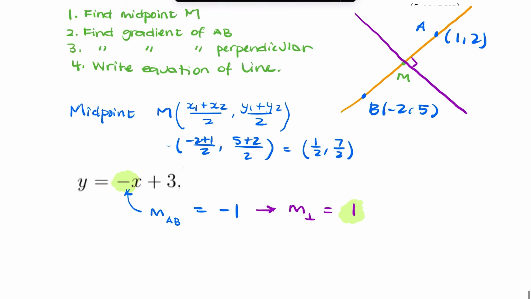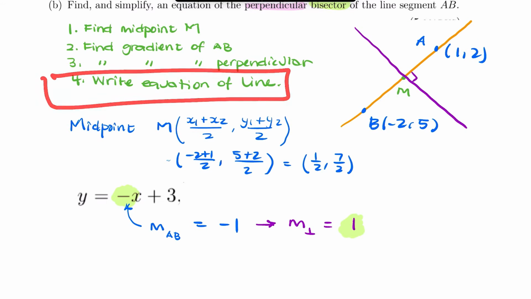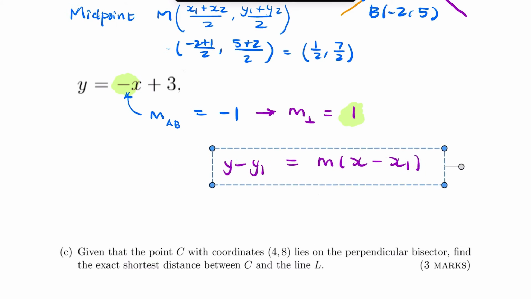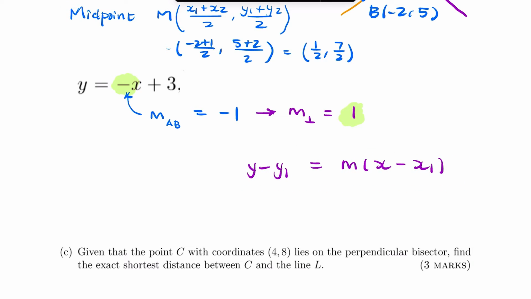Now the final step is simply to write the equation of the line. So you'd say y minus y1. This is the general expression for the equation of a straight line. Y minus y1 equals m times x minus x1. And m we've just found.